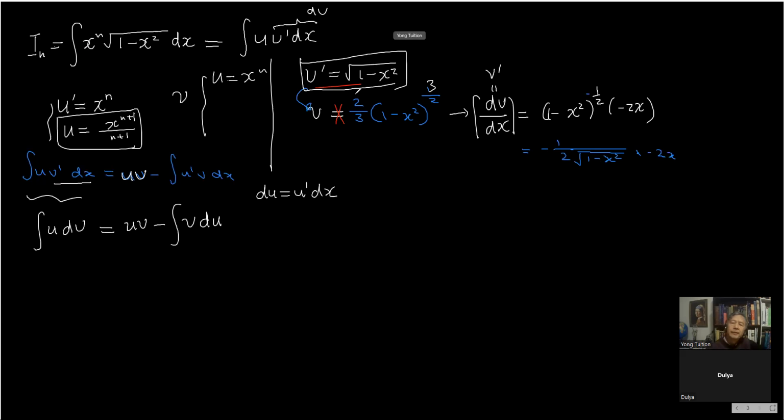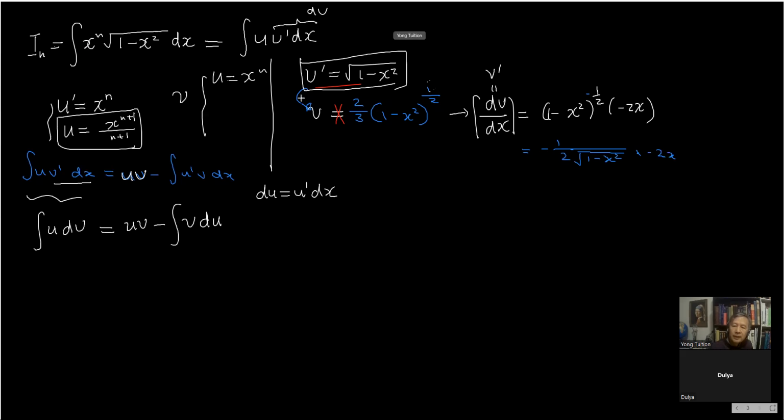How come? If the function equal to this form is not 3 but half, because this is the derivative of this. If you assume this is your v, I just follow your idea.